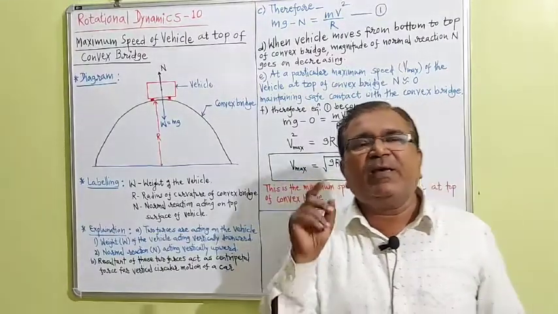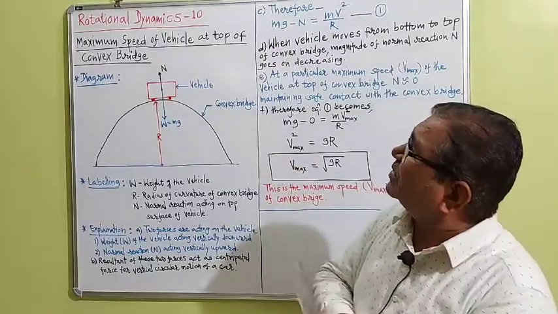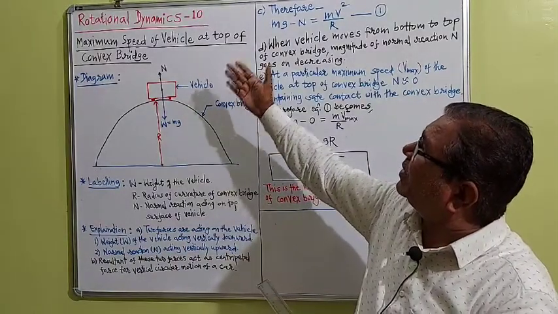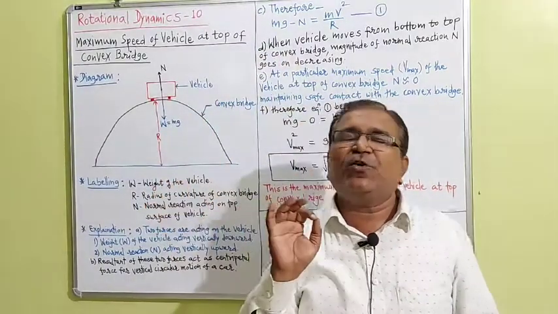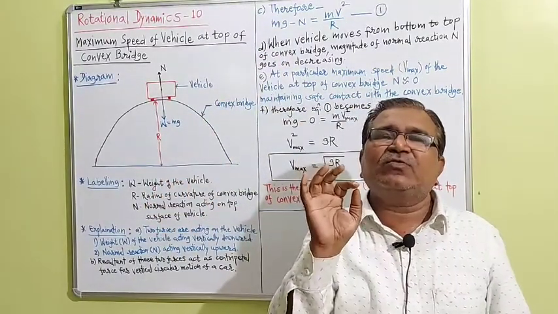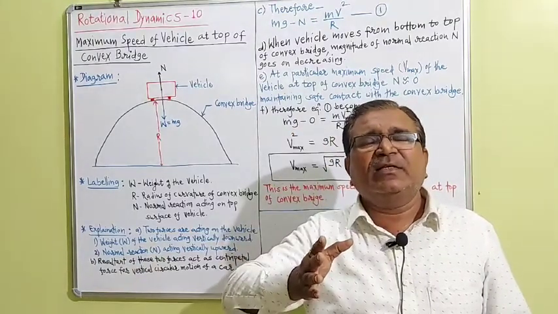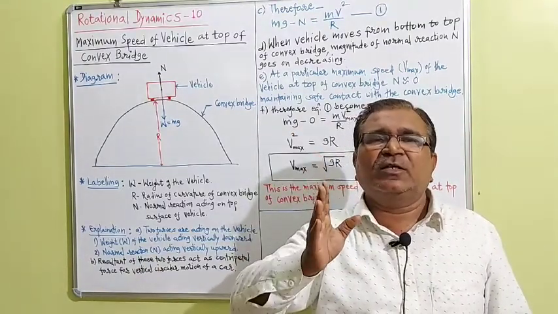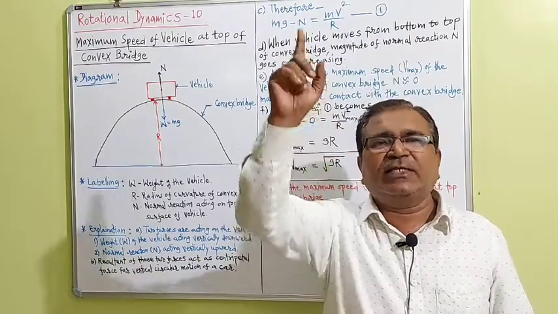There may be a possibility of a question asking you to derive an expression for the maximum speed of a vehicle at the top of a convex bridge. So, we get the formula V max is equal to the square root of gR. This is a very similar expression to the one we got in vertical circular motion at the top.